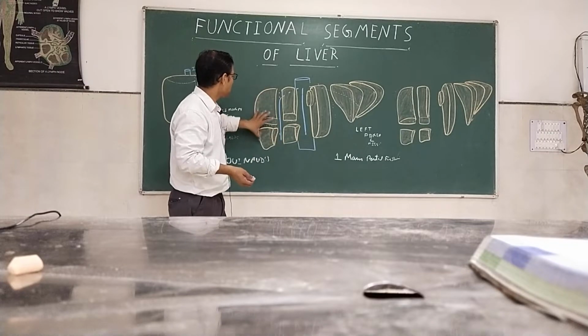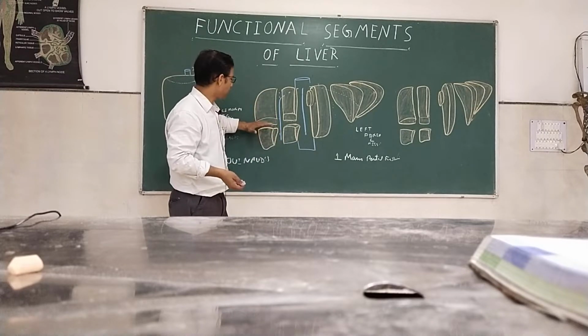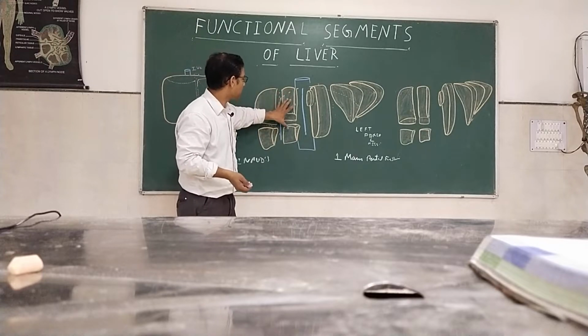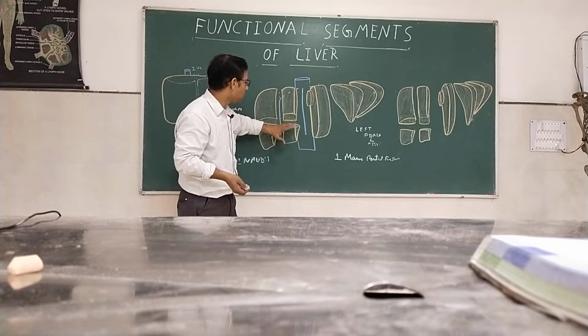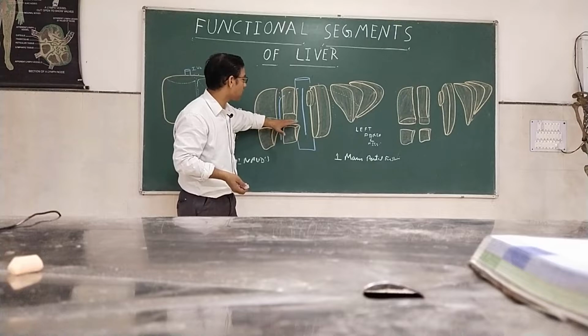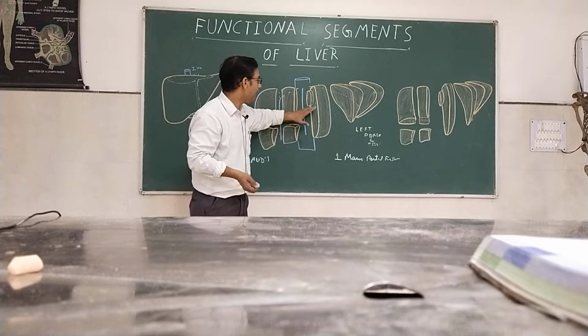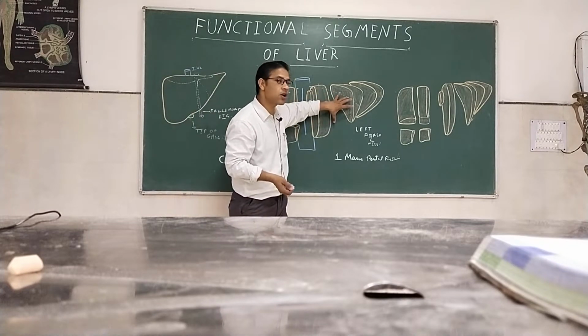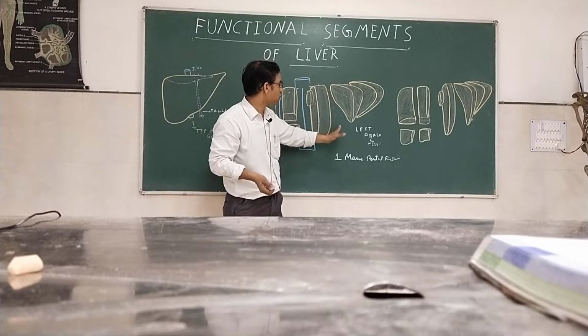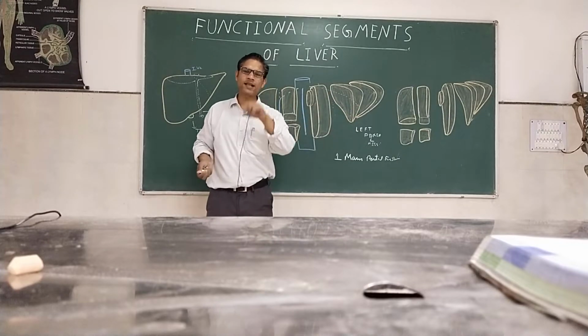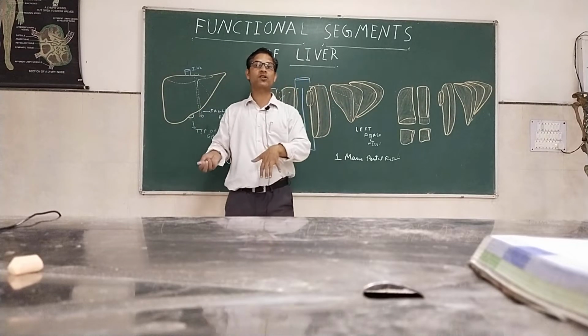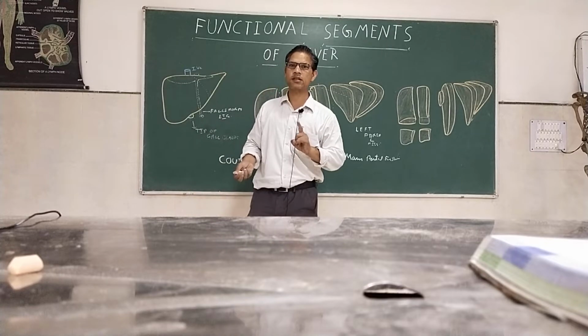The right lateral part is divided into 2 by a Glisson's sheath. The right medial, or right anterior, is also divided by the Glisson's sheath into 2. Then the left anterior or left medial is divided by the Glisson's sheath into two, except one segment, the left lateral most segment, which is a single segment.